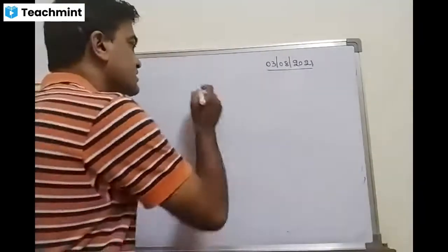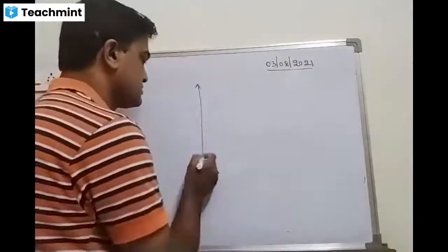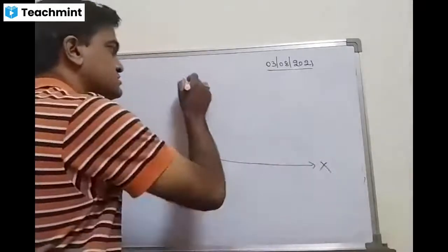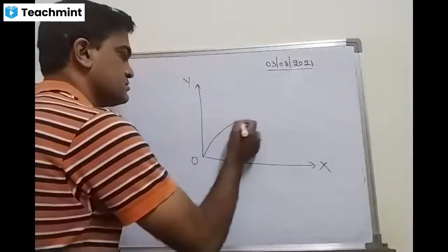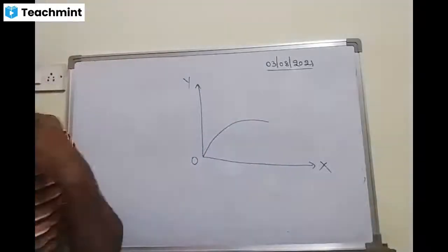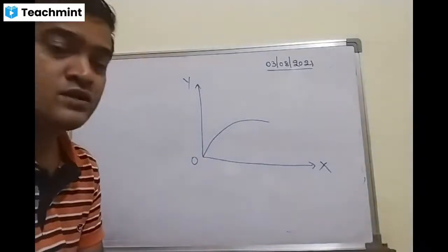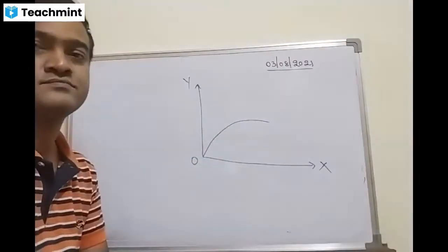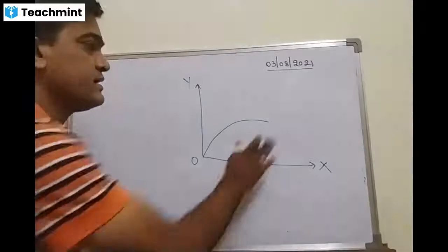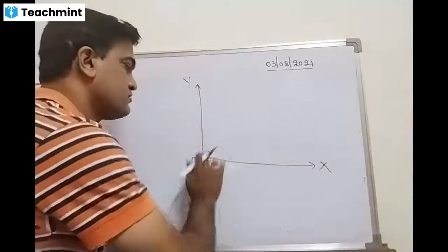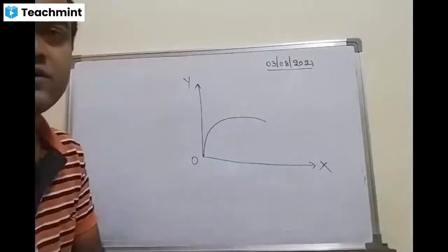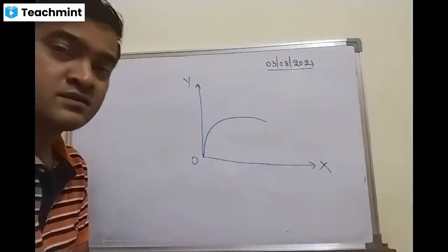I have a graph like this: origin, x-axis, y-axis. Now, how can you find the area under the curve? Let me draw this once again. How can you find the area under the curve?